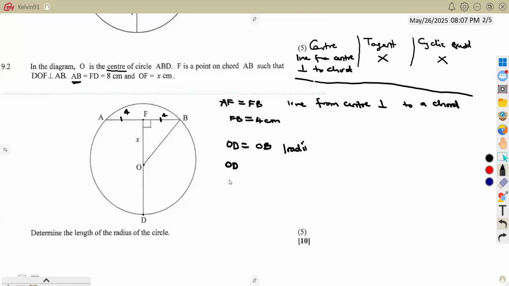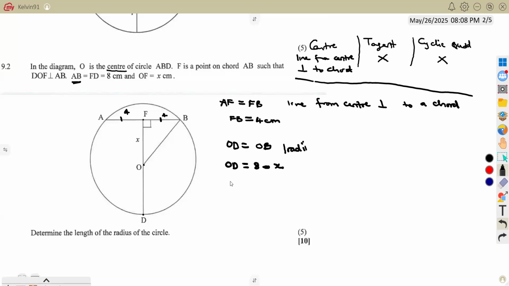How do we calculate OD? OD must be equal to FD, which is that full length, which we are told is 8, minus the small part OF, which we are told is X.